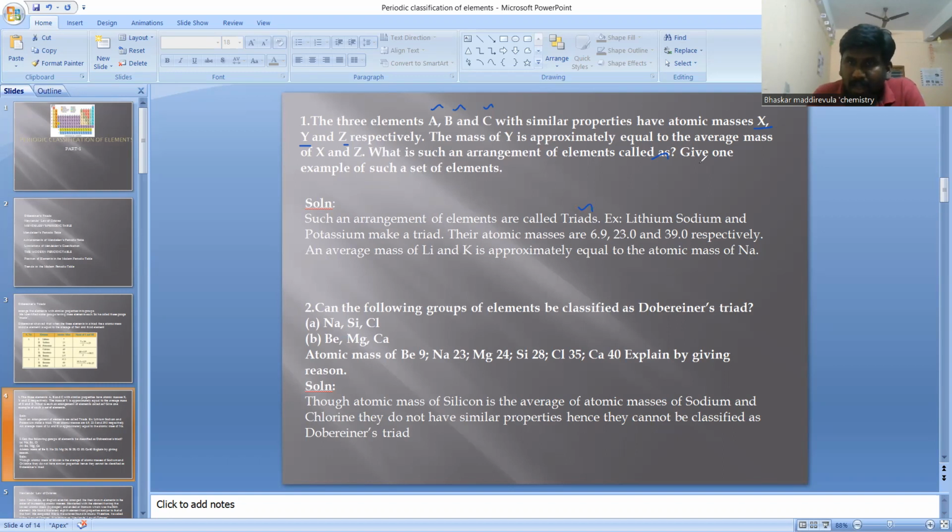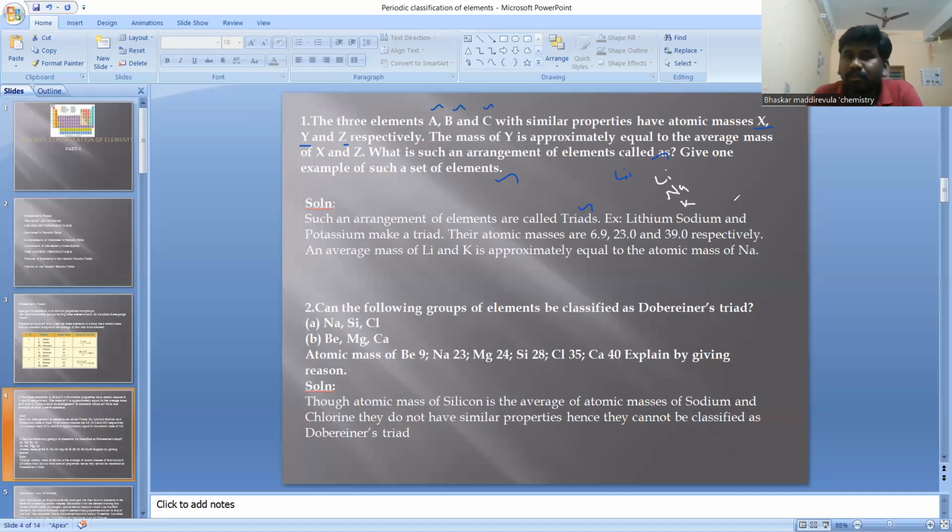Next, give one example of such a set of elements. We already have three triads, and you can give any one of them as an example. We have the lithium, sodium, potassium triad.